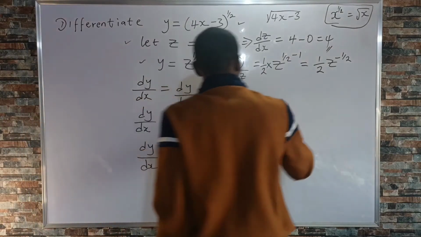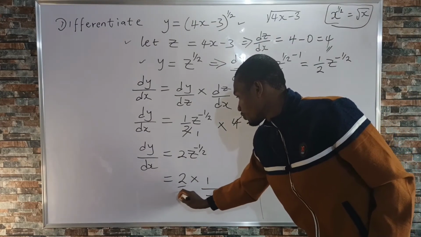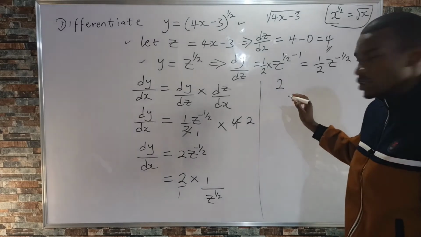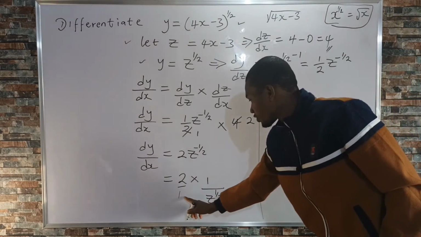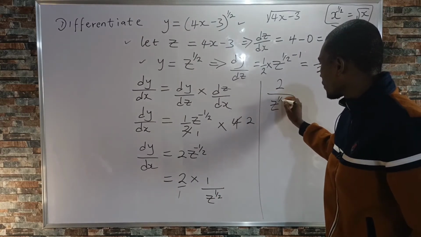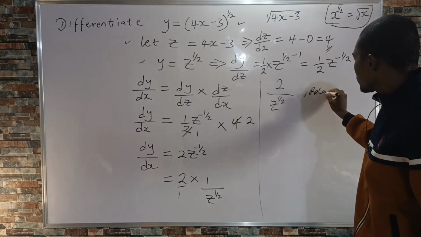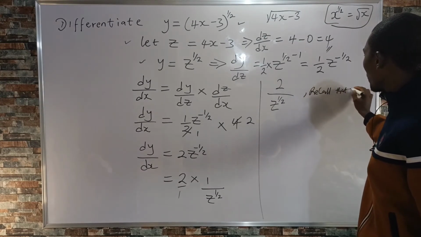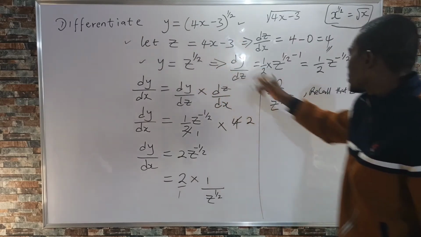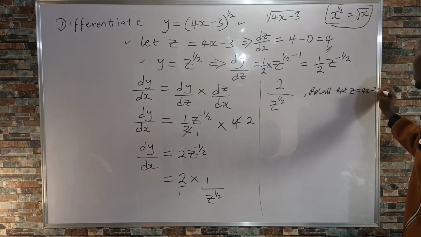Such that solving further, we have that 2, remember 2 is the same as 2 over 1, such that 2 multiplied by 1 will still give us 2. And that is all over 1 multiplied by z raised to the power of half, which is still z raised to the power of half. But don't forget, recall that our z originally, we stated z to be 4x minus 3. So recall that our z is equal to 4x minus 3.